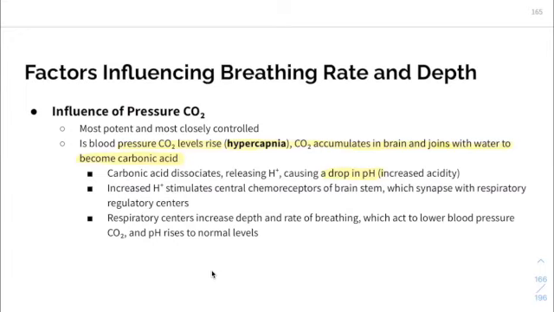That'll help with changing the pH. We can also change our depth and our rate of breathing to lower the carbon dioxide in the blood. It's another way to change the pH levels. Breathe deeper, get more oxygen in, get more carbon dioxide out.